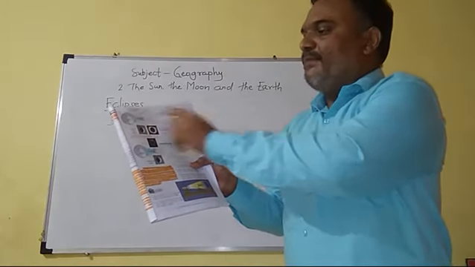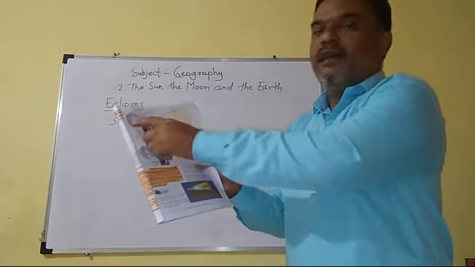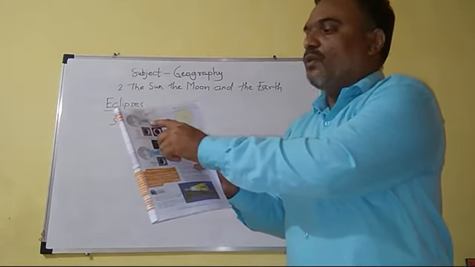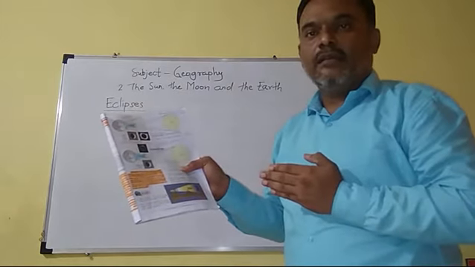The moon is coming in between the sun and the earth, and the moon's shadow falls on the earth.